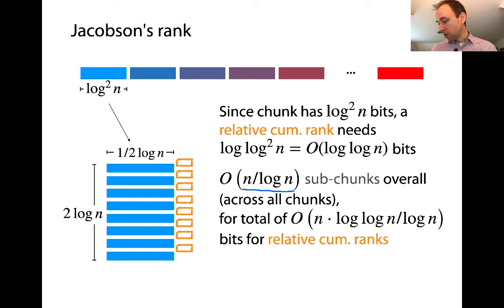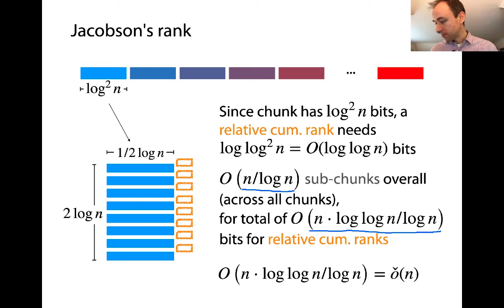Then we multiply those two together, and we get n times log log n over log n to get the big O number of bits we need for all of the relative cumulative ranks. And that is also little o of n. Right? n times log log n over log n is little o of n. It's slightly sublinear in n.